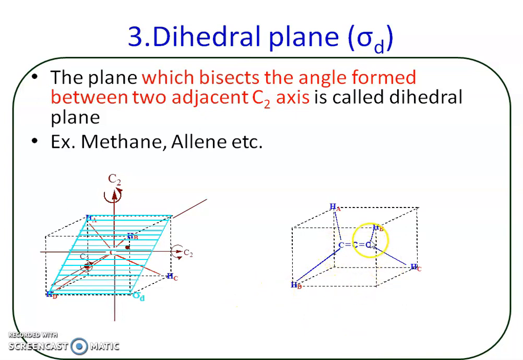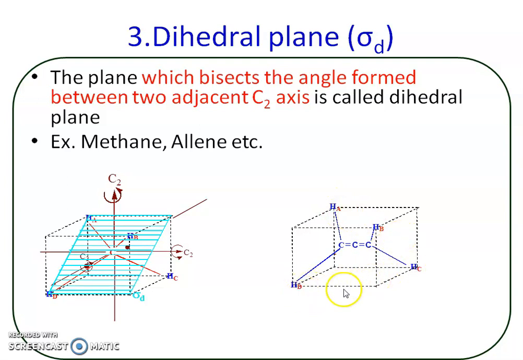In allene, the structure is the same as that of methane. It is not tetrahedral, I will not say tetrahedral, but here there are 4 hydrogen atoms. First 2 hydrogen atoms A and B are diagonally placed, occupying the top diagonal corners of the top face.